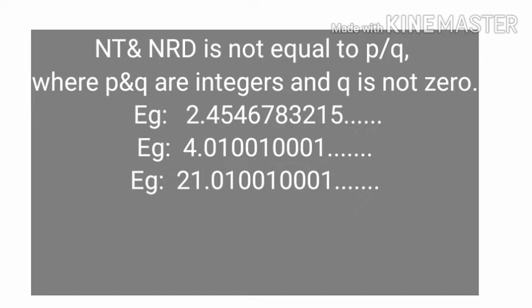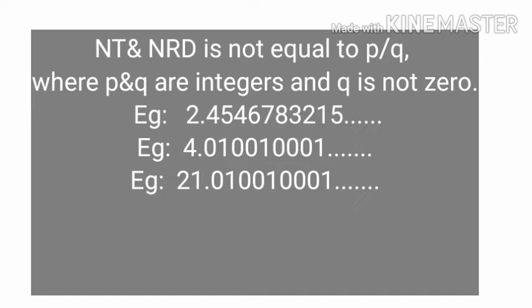That is why it is a non-terminating and non-recurring decimal, and it cannot be expressed in the form of P by Q. And thirdly, 21.010010001... is also an example for a non-terminating and non-recurring decimal. It cannot be expressed in the form of P by Q, and hence this is also an example for an irrational number. Okay, children?